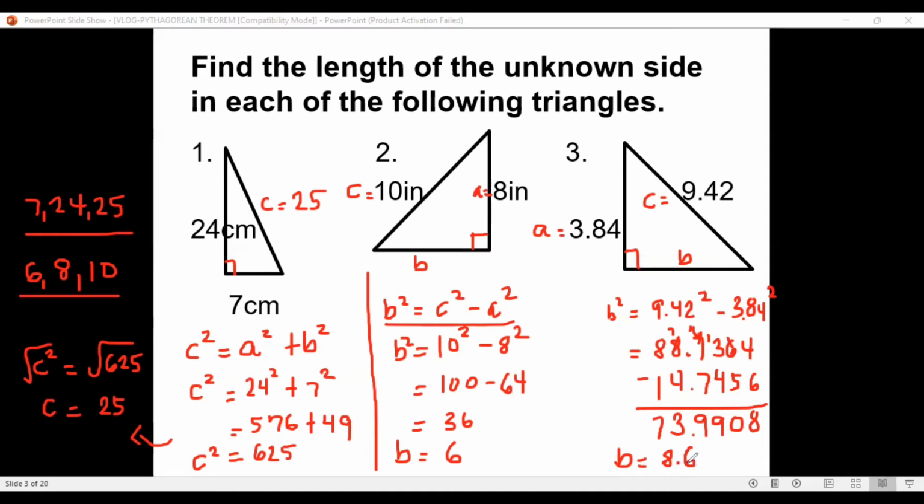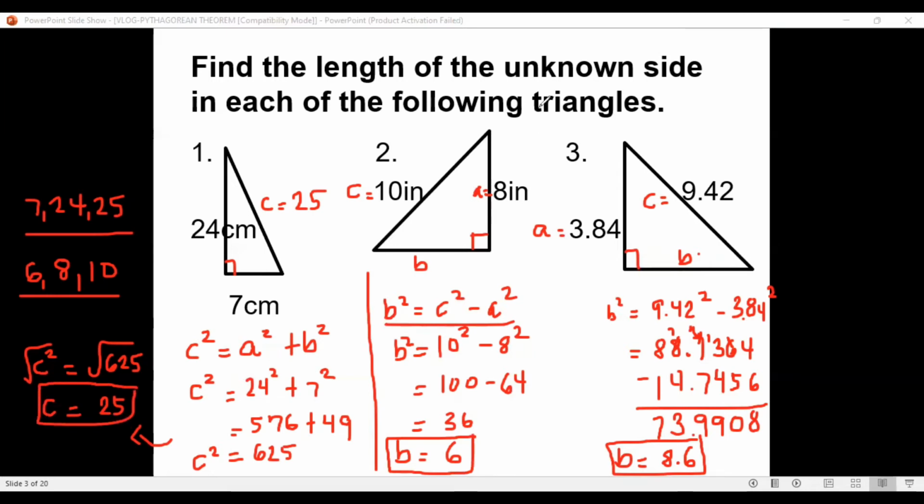Okay, so 8.60 followed by 17. So we will just drop the 0 there. Therefore, the B that we have here is equal to 8.6. So these are the answers that we can get for finding the sides of your right triangle.